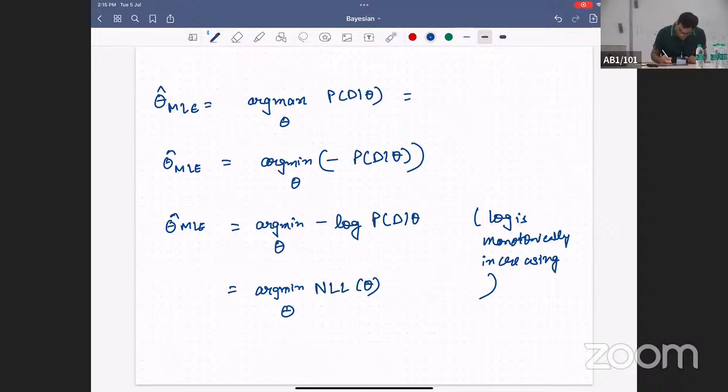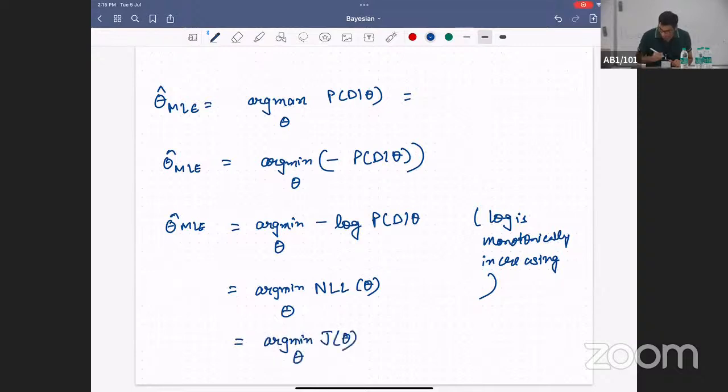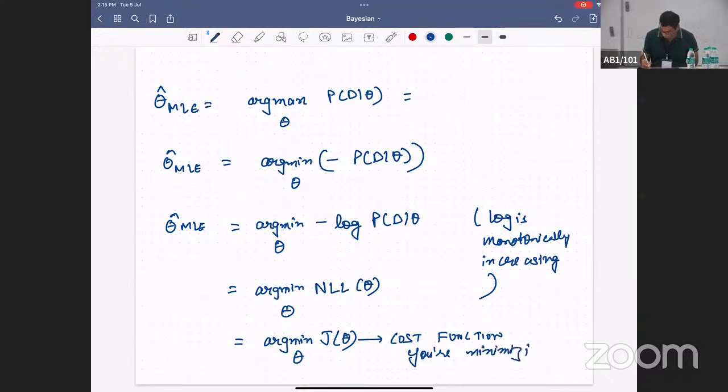And this is the same thing as writing argmin of J of theta, where J of theta is the cost function you are trying to minimize. Does everyone follow till now?